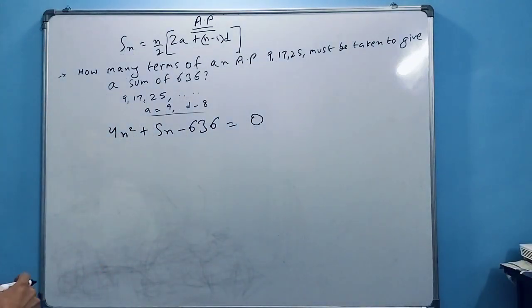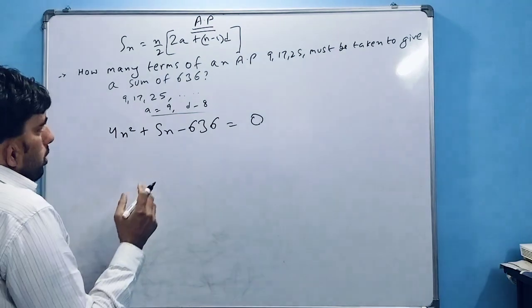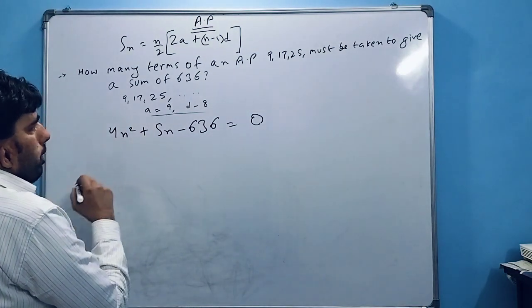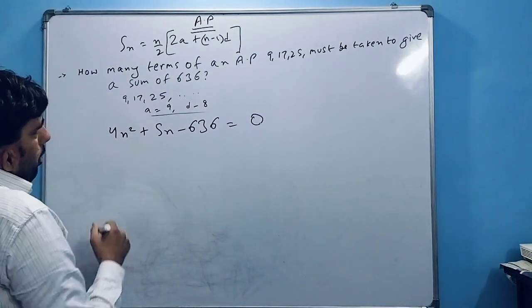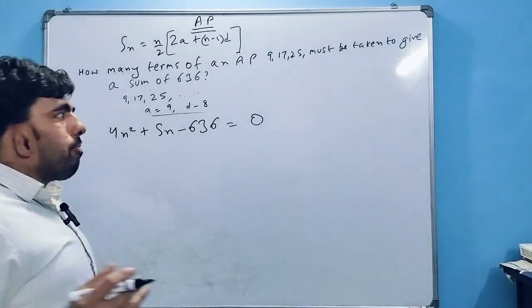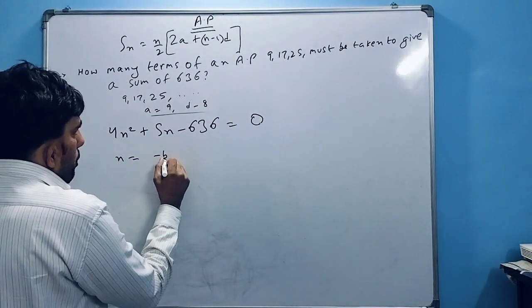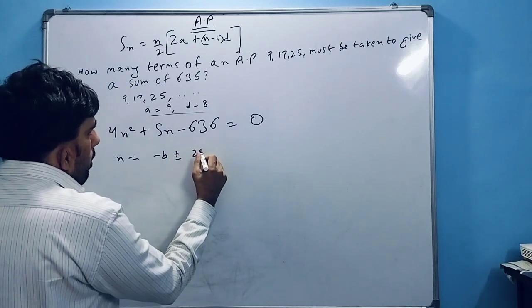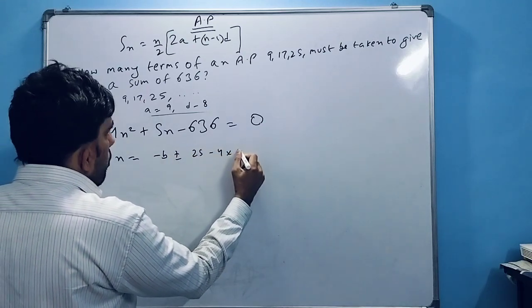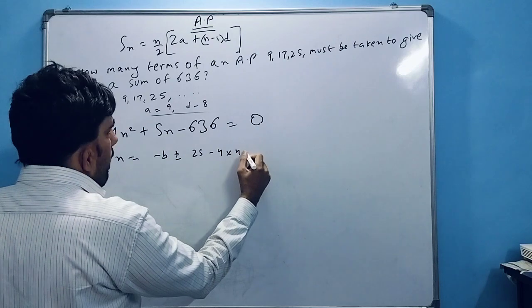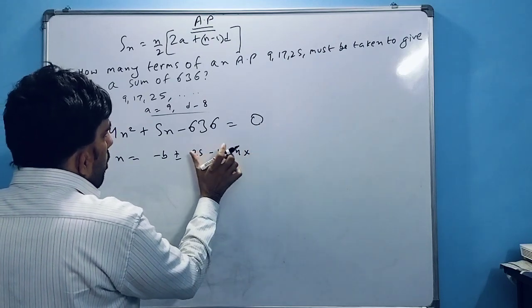Okay, so how to solve this equation? Just using the quadratic formula that we have used, that is n is equal to minus b plus minus square root of b square minus 4 into a into c, upon 2a.